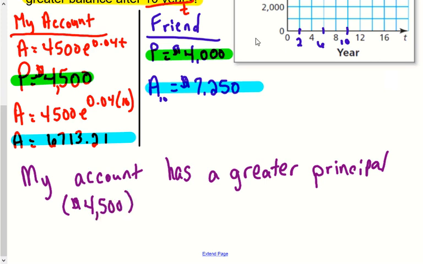And then who had the greater balance after 10 years, and that was my friend. And so write that down.